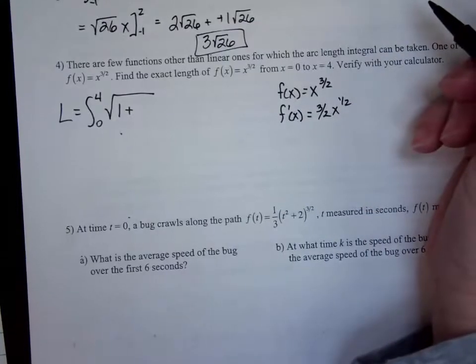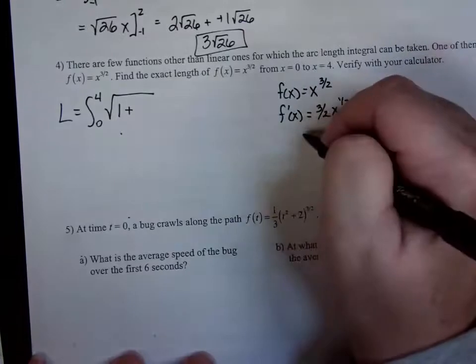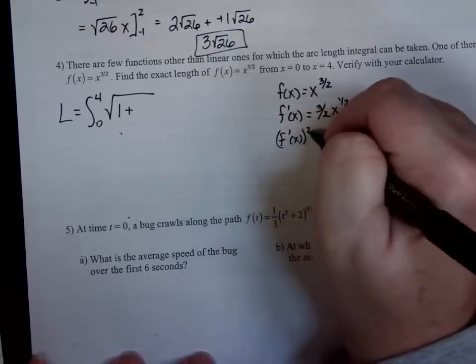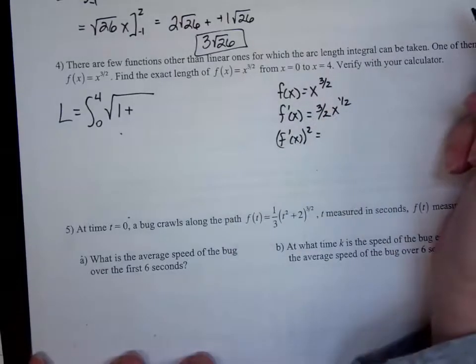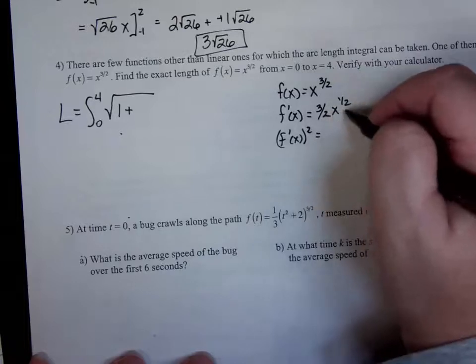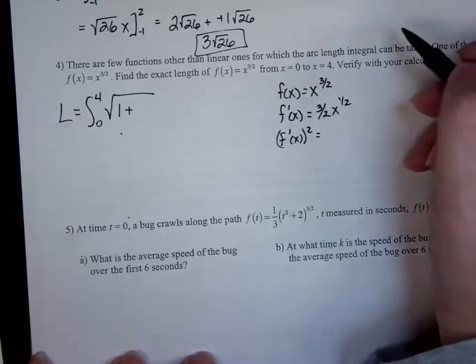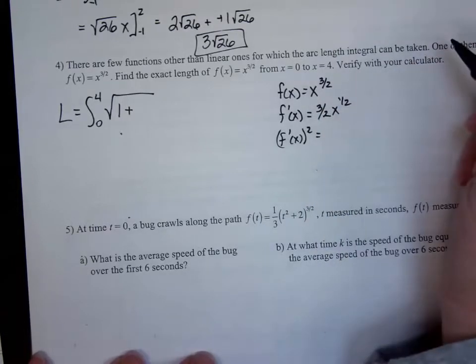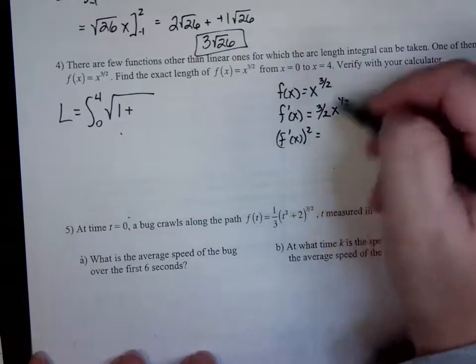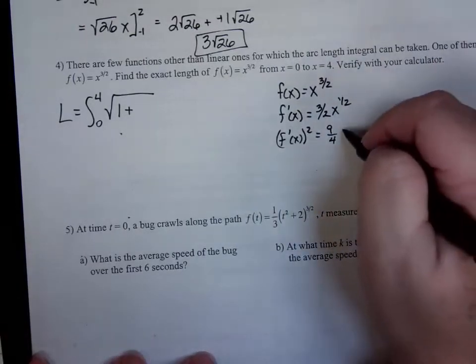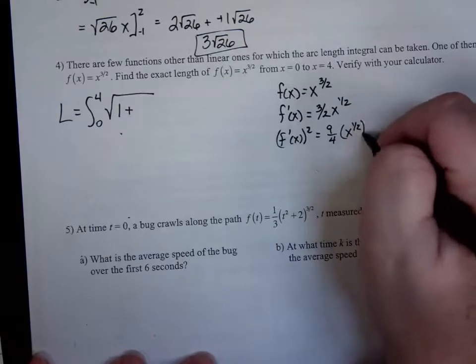Okay? Now, I'm going to go ahead and square this here, f prime of x squared. I'm going to square it over here and then stick it into the integral. So, when you square things that are multiplied, remember that you square each individual component. What is 3 halves squared? 9 over 4. You just square the top and square the bottom. So it's 9 over 4 x to the 1 half squared.